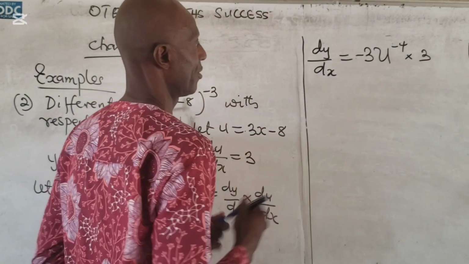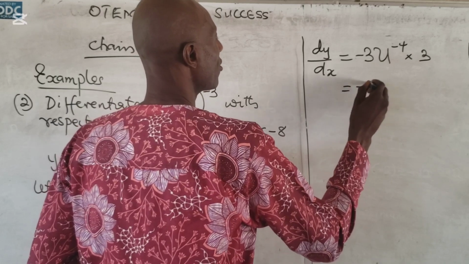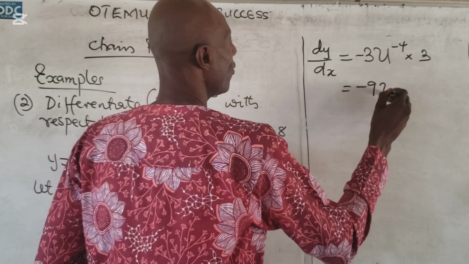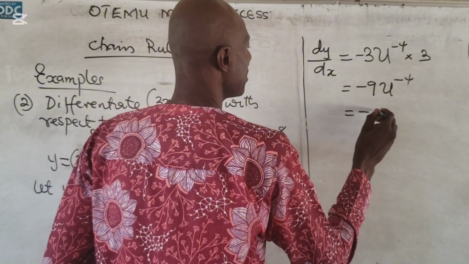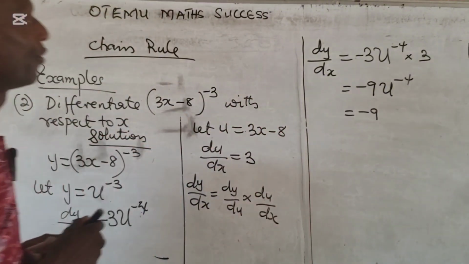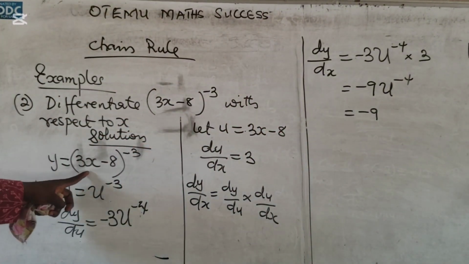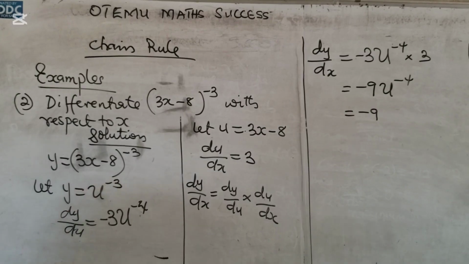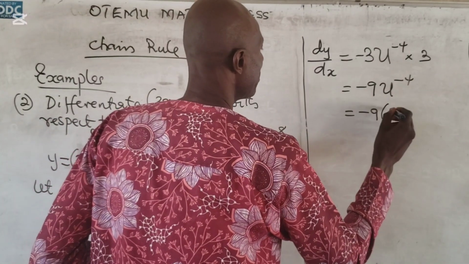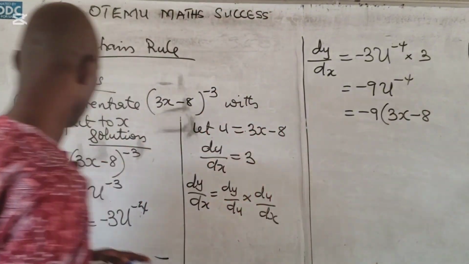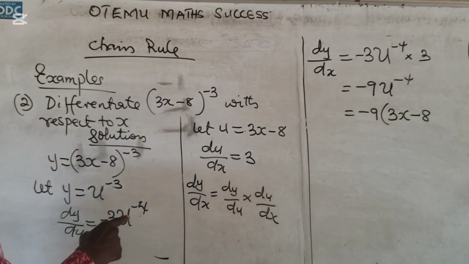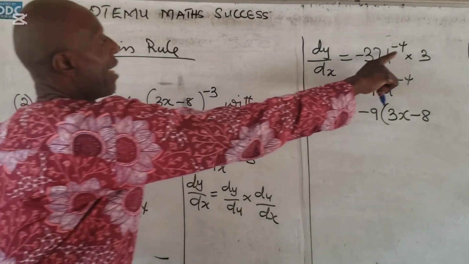So 3 times minus 3 gives us minus 9u raised to power minus 4. And what is u there? u is 3x minus 8. So it is minus 9 times (3x minus 8) raised to the power of minus 4.